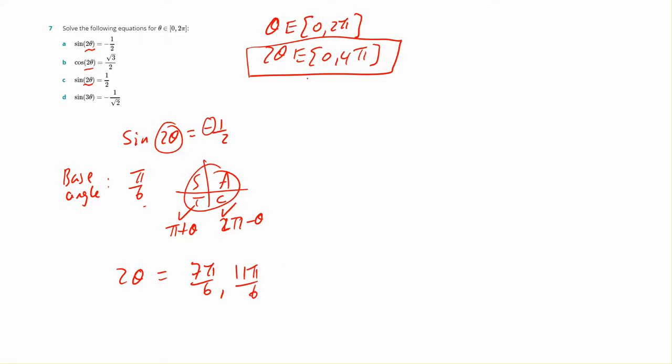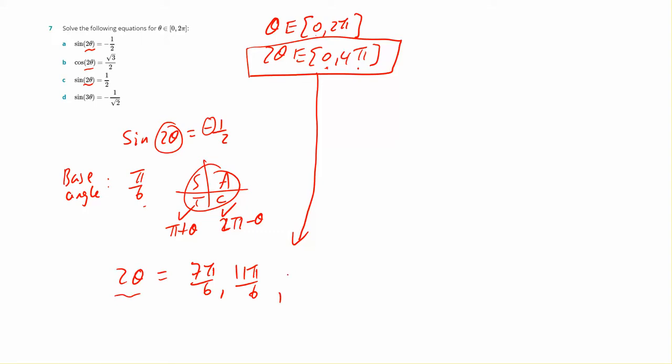Now, remember back at the top where we doubled the domain, we're not solving for 0 to 2 pi at the moment. We're solving for 0 to 4 pi, because we're solving for 2 theta. Okay, we're not solving for theta at the moment.